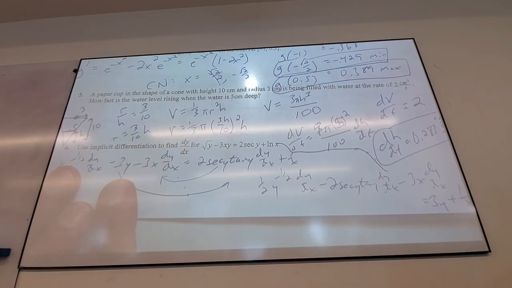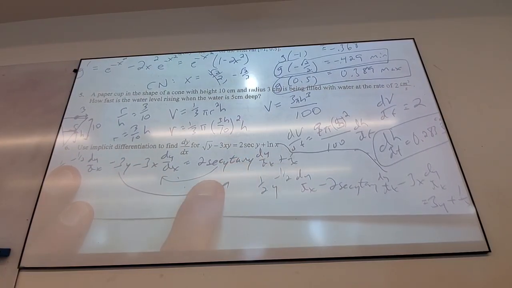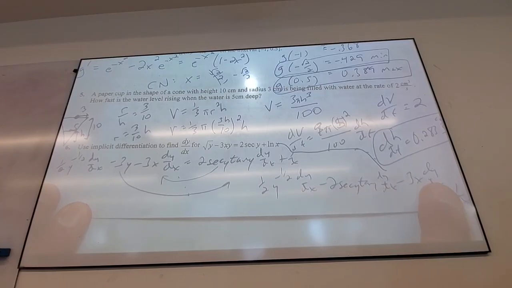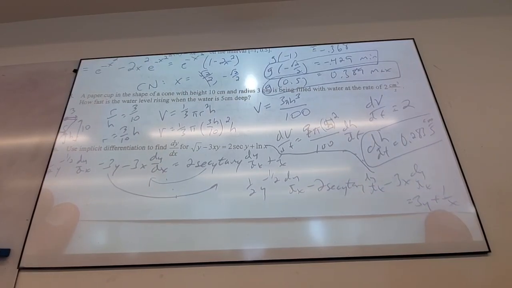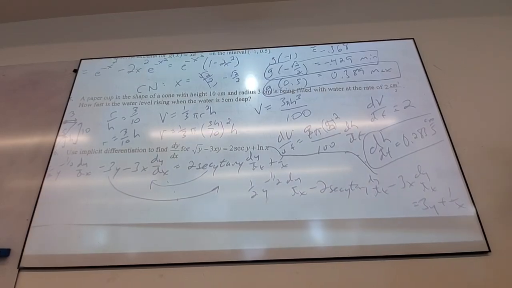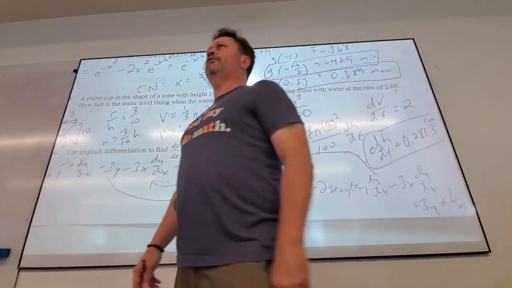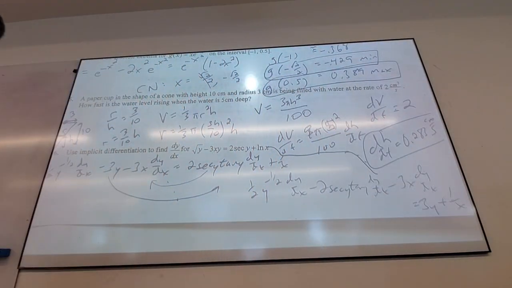So if I just add the 3y over and subtract the 2 secant y tangent y over, I've got all my dy dx stuff together on one side, all my non-dy dx on the other. Now I can just factor a dy dx out and then divide by all the other stuff to get dy dx by itself. Do you guys see what I mean by brute force? There's nothing creative about this. It's just get all the stuff, factor it out, divide. It is brute force.